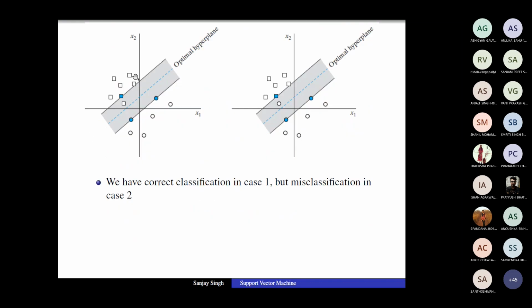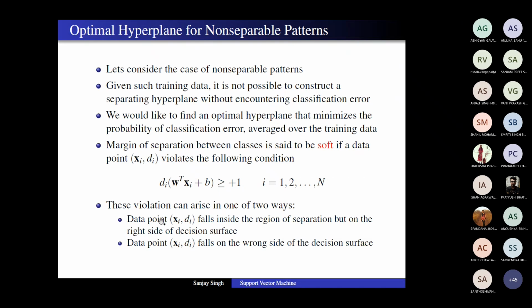In this case, suppose all these rectangular boxes indicate the positive class, and these O's represent the negative class. This is the margin of separation from here to here. The first point I was talking about: xi falls inside the region of separation, but on the right side of the decision surface.